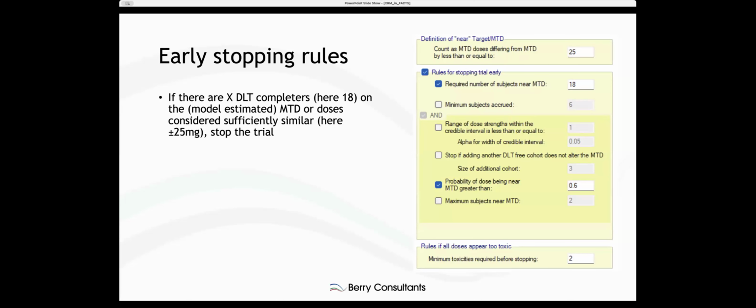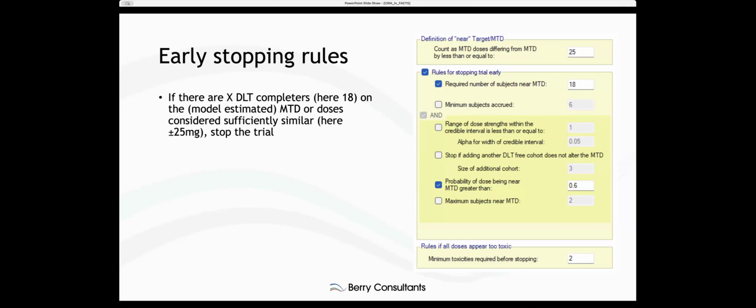And this basically means that when we calculate the probability that a certain dose is the MTD, we do not only count the probability of that particular dose, but we also count the probability of the doses that are being considered near. So meaning if we calculate the probability that, let's say, 250 milligrams is the MTD, we don't only take the probability of 250 milligrams, we also take the probability that 225 is the MTD and 275 is the MTD, and we sum these three.